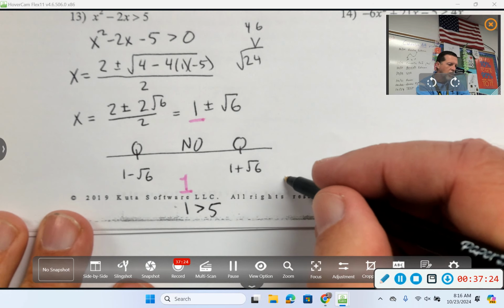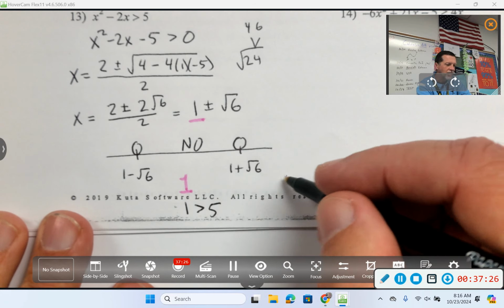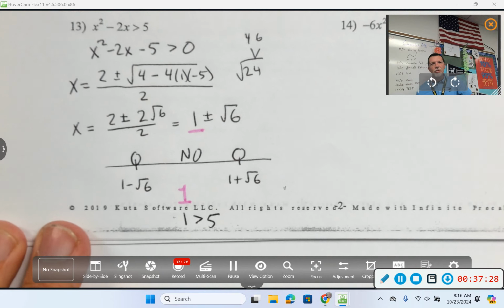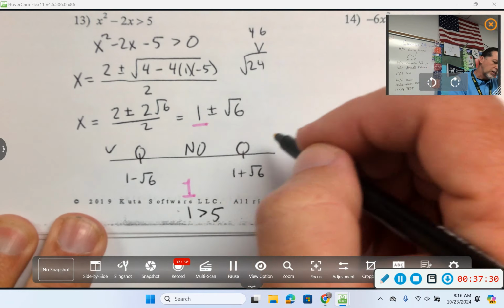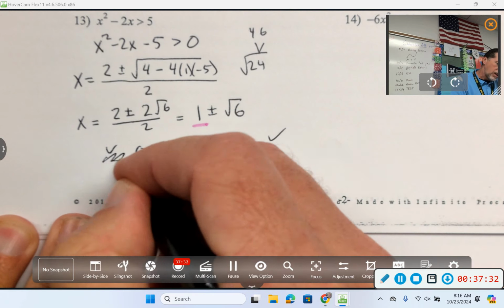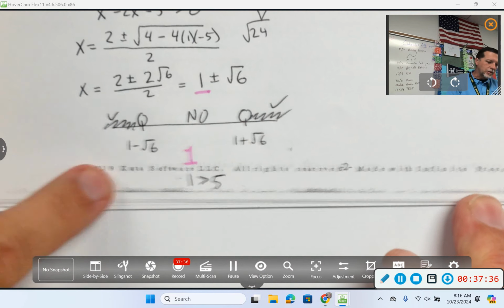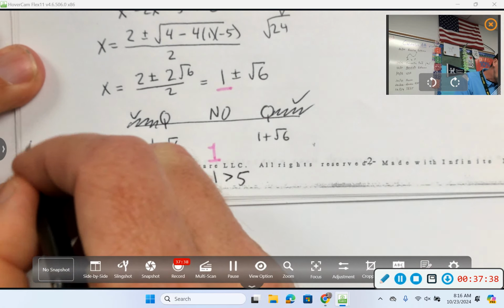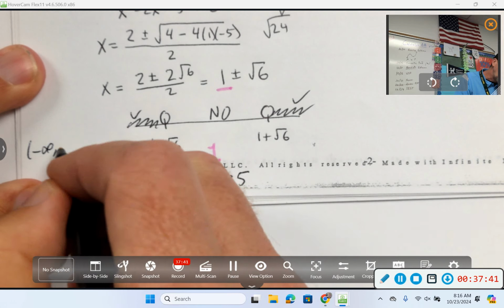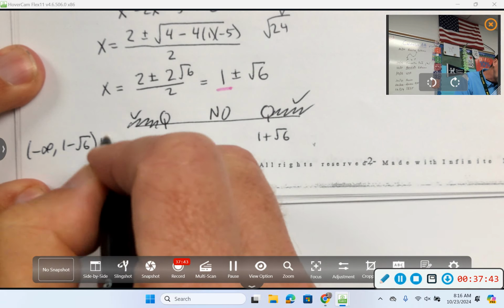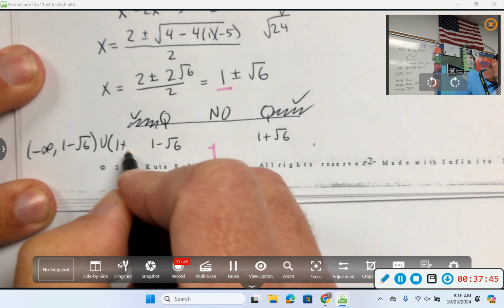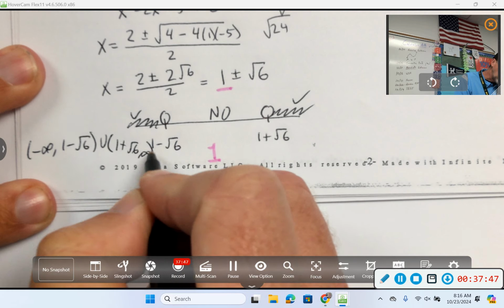You could check 4, or you could check 10 if you just wanted to be real sure. But you could also just alternate. So interval notation is going to look kind of ugly with the square root stuff in there. Too bad. Negative infinity to 1 minus root 6, 1 plus root 6 to infinity.